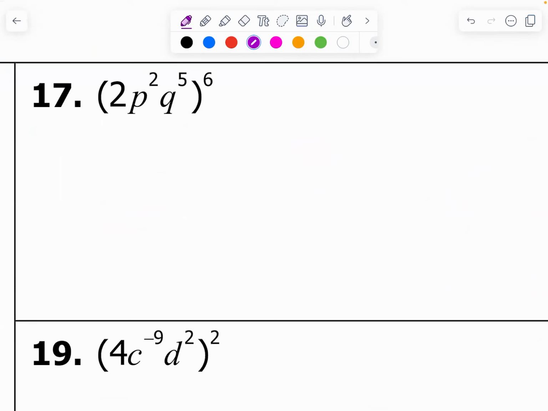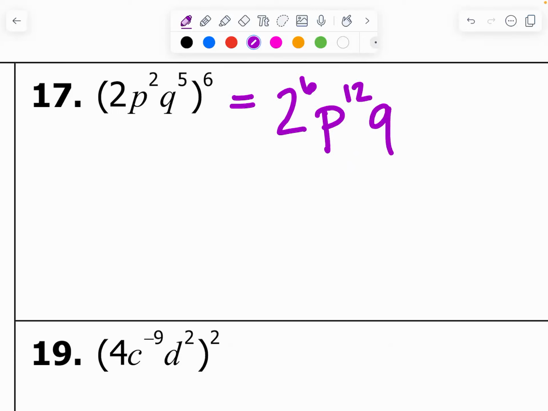Okay, so Austin, when I apply this 6 to the exponent, 2 now has an exponent of what? Okay. Caesar, P will now have an exponent of 12.